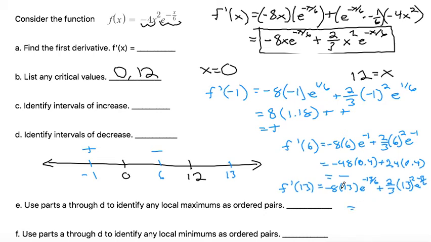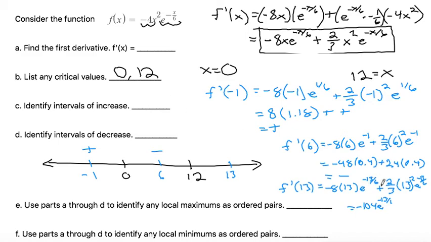So 8 times 13 is 104, so it would be -104 times some e to the -13/6, which should be a positive.